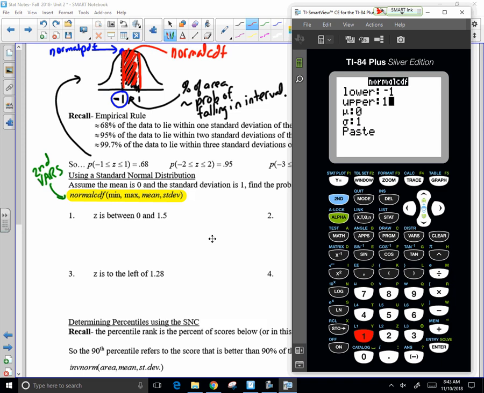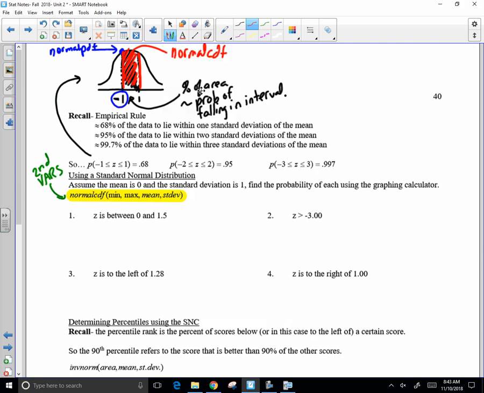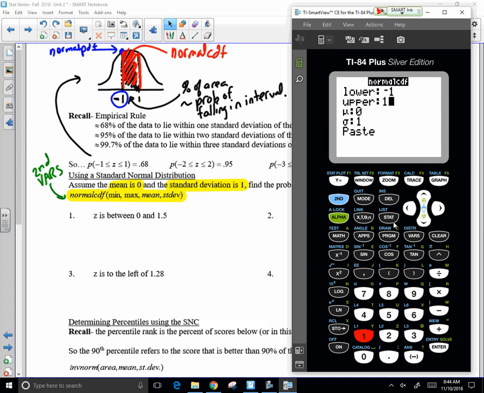If it's a standard normal curve, it's implied that the mean is 0 and the standard deviation is 1. Here, it was actually flat out told to you. If you were to put the closed parentheses right after the -1, 1, close them up and hit enter, you'd get the same thing as if you did put the 0 and 1.